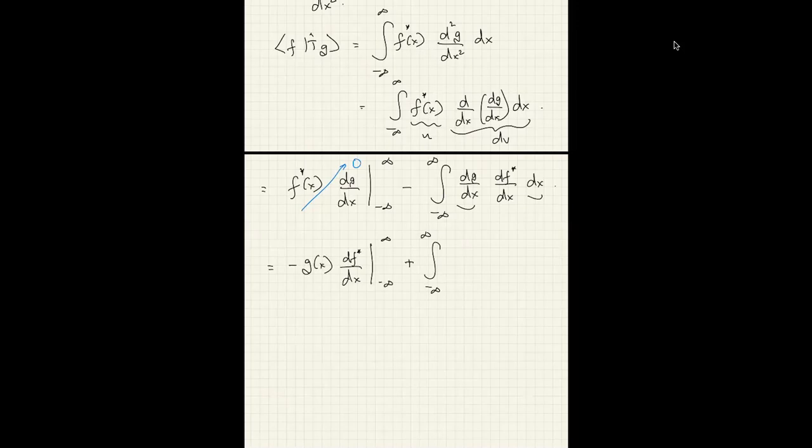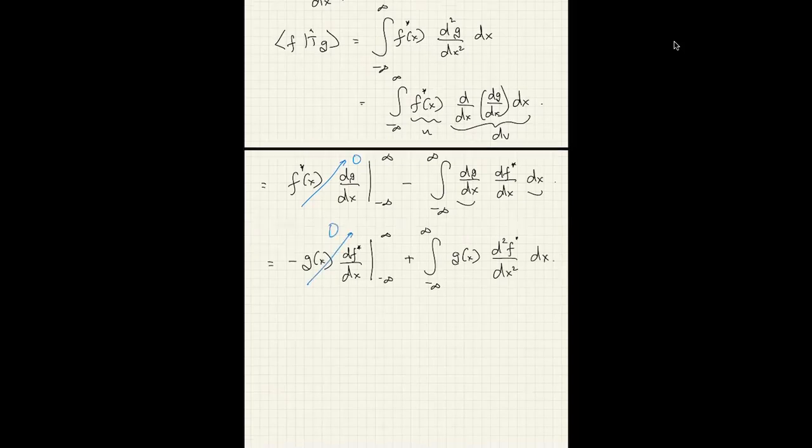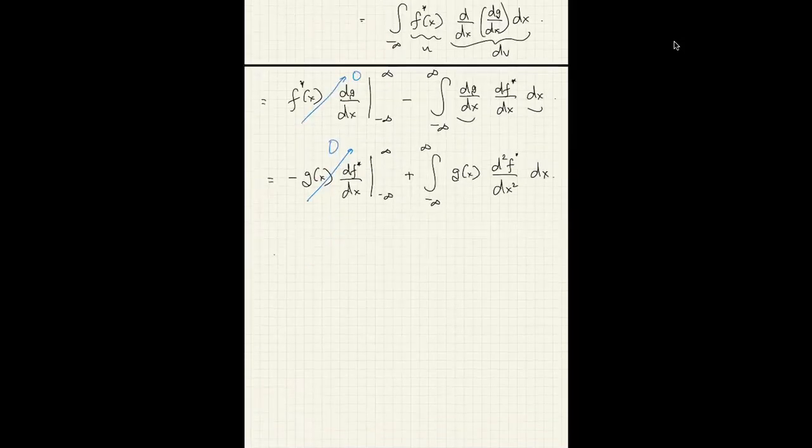So this is g of x d square f star dx square dx. Okay, again the boundary term vanishes for reasons that we just described, and I can write this as integral minus infinity to infinity d square f dx square star. Because the operator d square dx square is manifestly a real operator, I can write that thing as d square f dx square star times g of x.